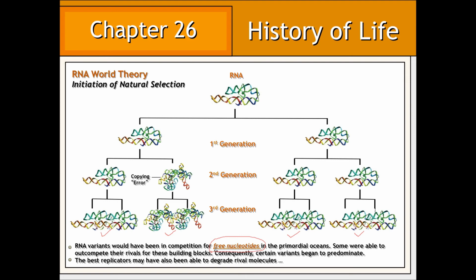Since some molecules may have been better replicators than others, natural selection would have favored these molecules, and their frequency would have begun to increase. We also could imagine that some of the best replicators may have been able to actually degrade other rival molecules.